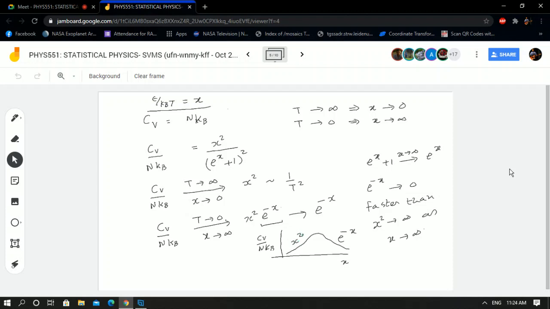If you write this in terms of T, in this case it will go like 1 by T square, and here it will go like e to the minus 1 by T. So that is the behavior of this specific heat, namely the Schottky anomaly.